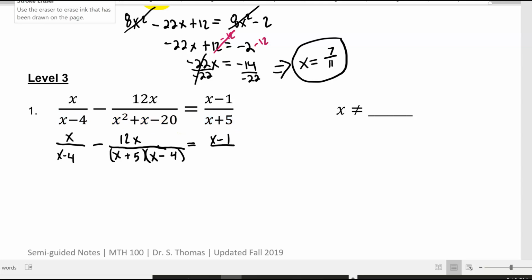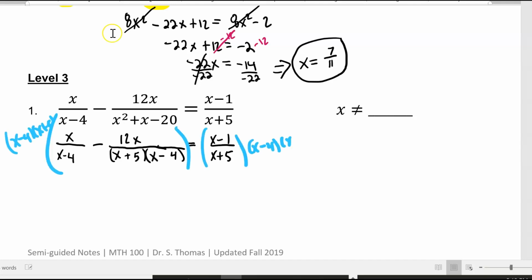So we have x plus 5 here. What is the LCD? x plus 5 times x minus 4. Again, I want you to write it out and figure out what the restrictions are. And always, this is a tip, figure out the restrictions after you have factored the denominators.